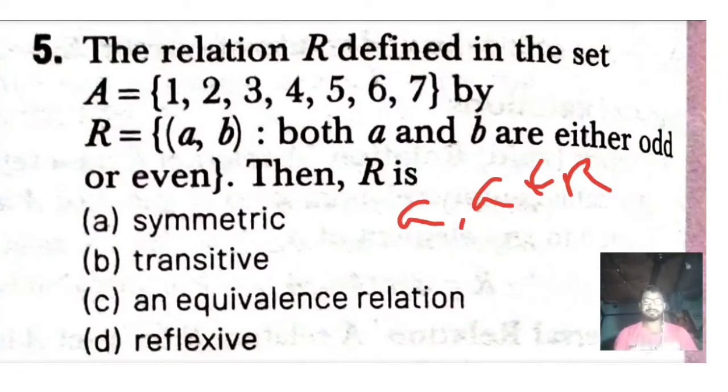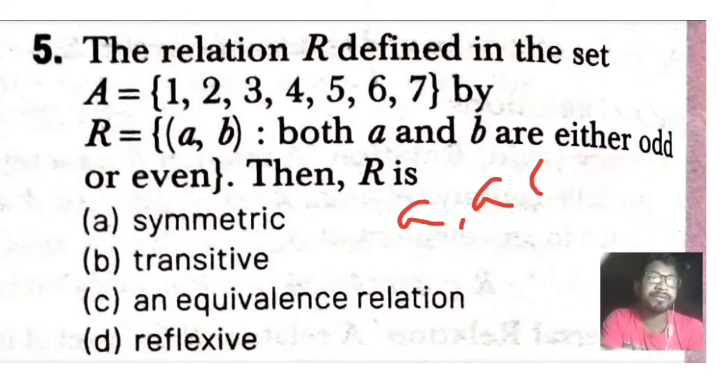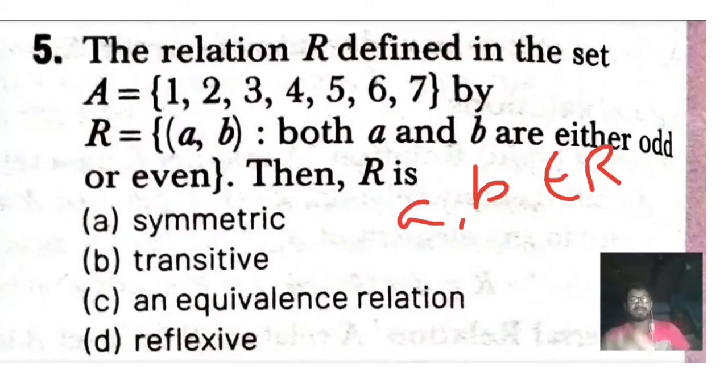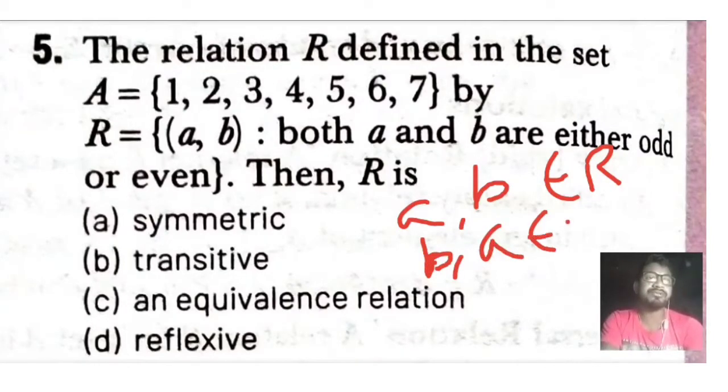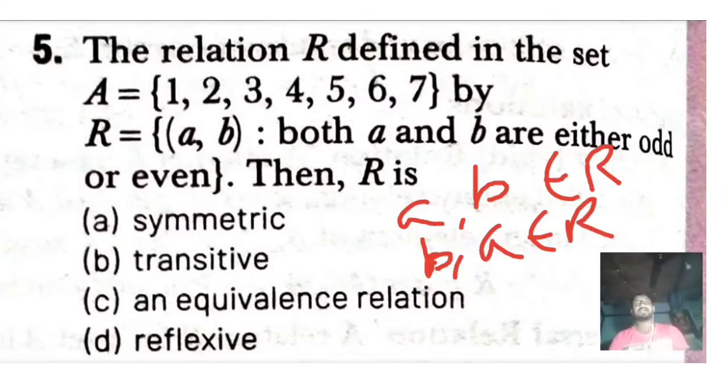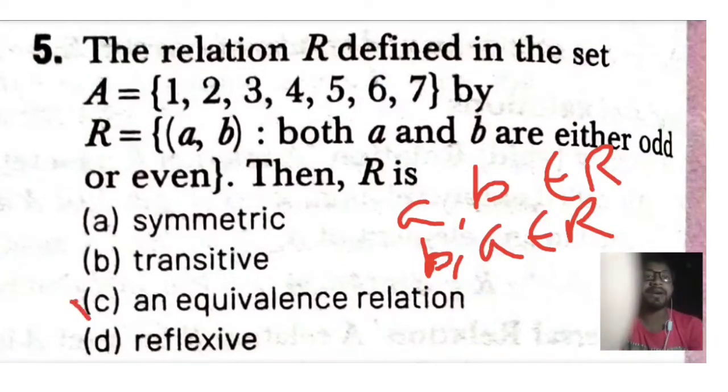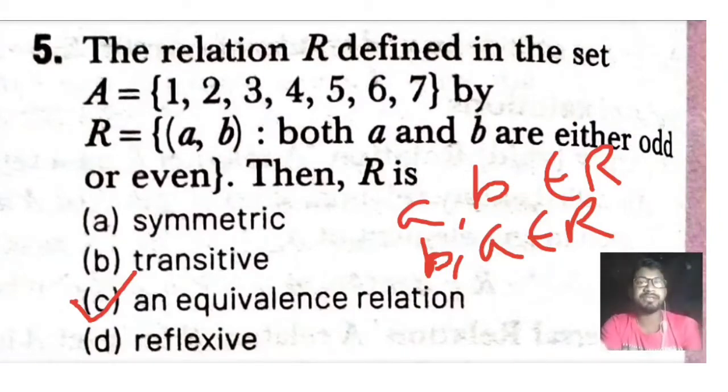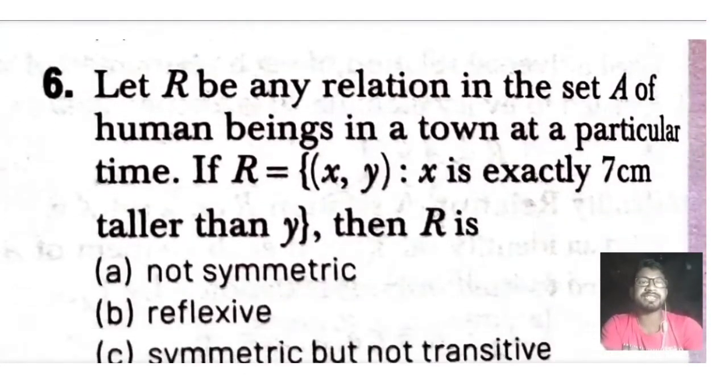Now it is clearly a reflexive relation. Now if I take (a, b) belonging to R, where a and b are both odd or both even, then (b, a) also belongs to R. So the relation is symmetric. Now you can easily say the relation is transitive. So this is again an equivalence relation.